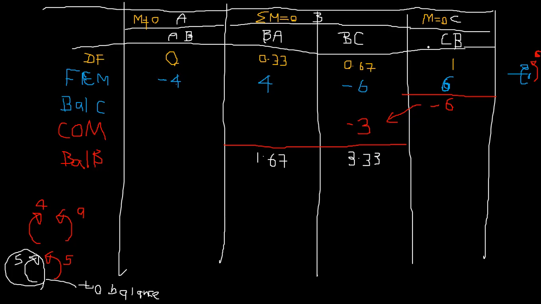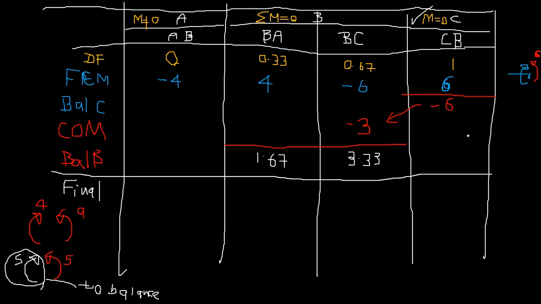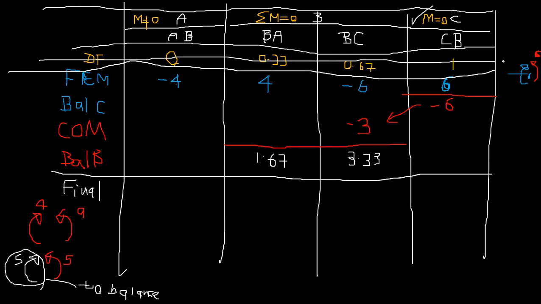So now my condition is satisfied. The total moment is 0. When you add these, you will get the final moment. So don't add distribution factors, add the moments. 6 minus 6 is going to be 0.